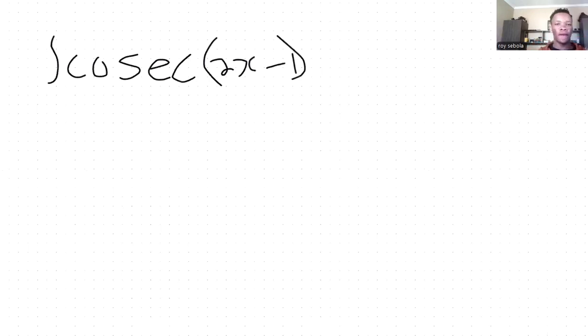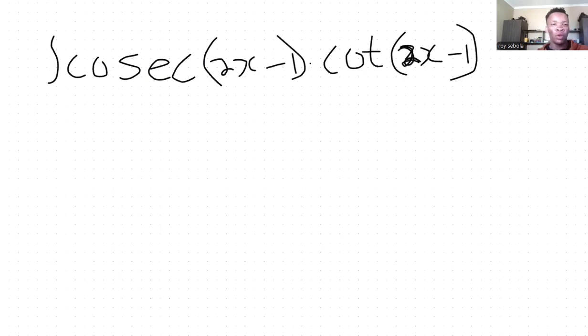So in this case here, remember our u must be the inside function of the trig function. So our u is going to be, let u be equal to 2x minus 1.